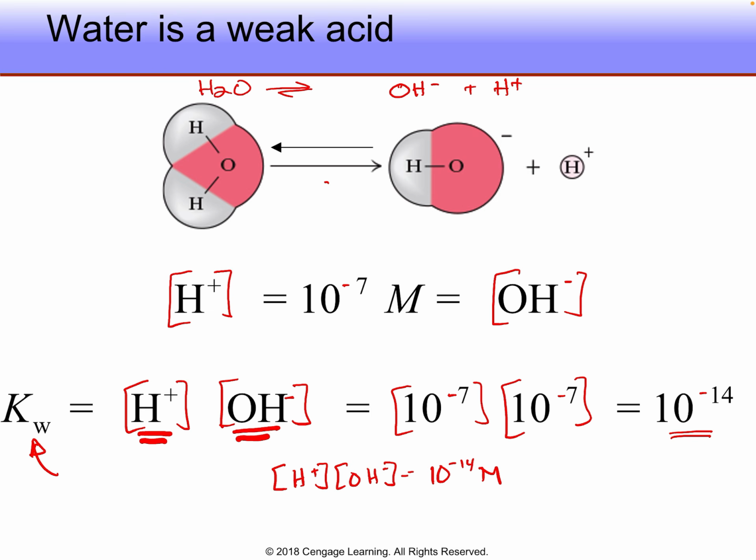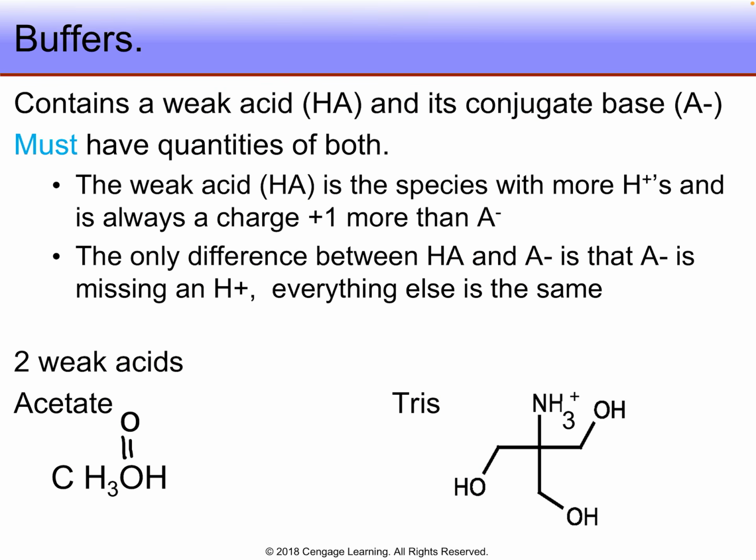It turns out when the two concentrations are the same, we have neutral pH. And like I said before, when H plus is greater than hydroxide, then we have an acidic solution. When hydroxide is greater in concentration than H plus, then we have a basic solution.